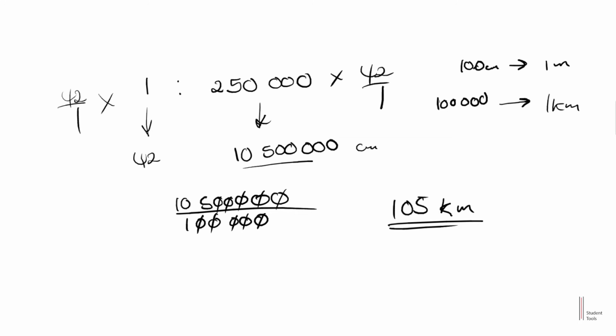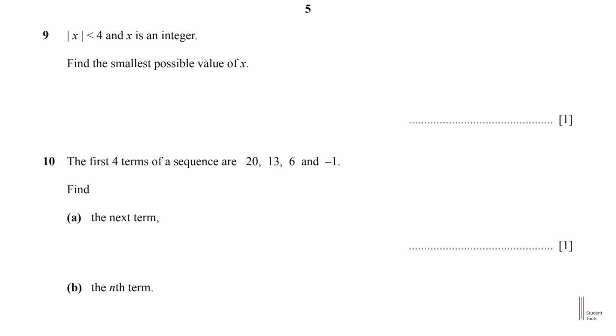Let us move on to question 9. Question 9, a set of x is less than 4 and x is an integer. Find the smallest possible value of x. We can say x is supposed to be less than 4, but also x is supposed to be greater than negative 4.